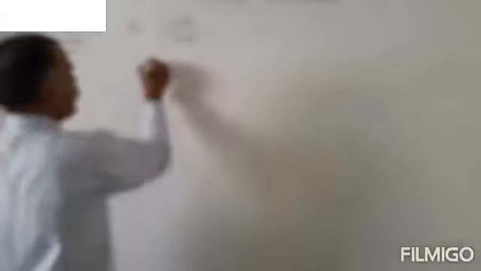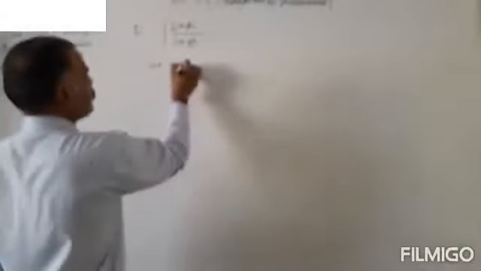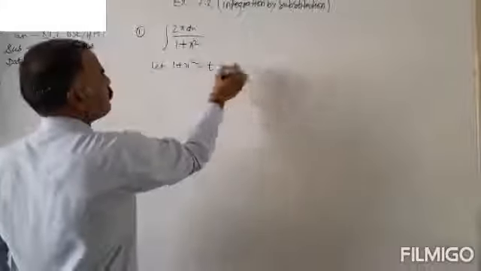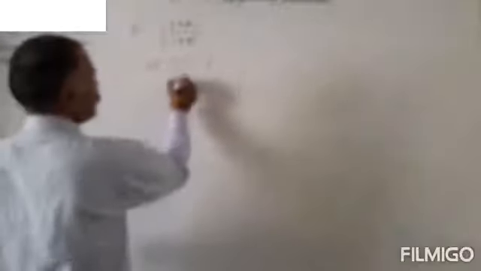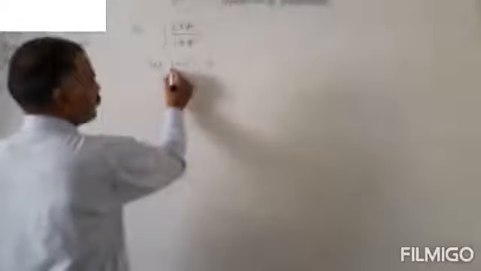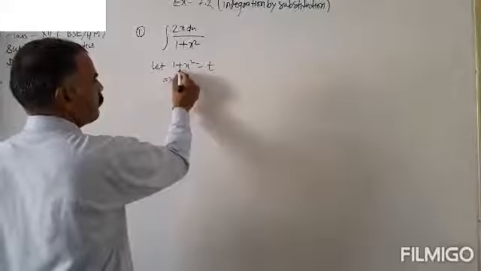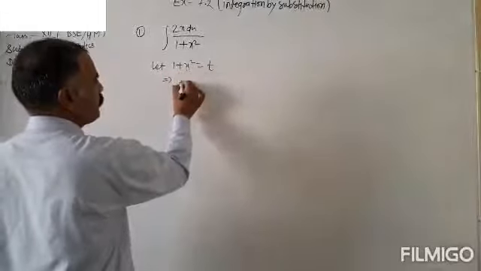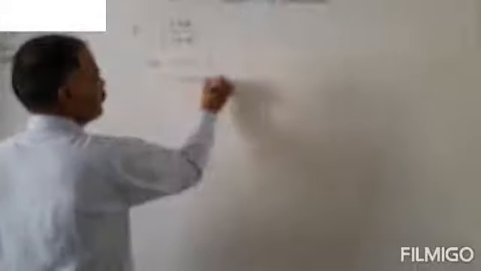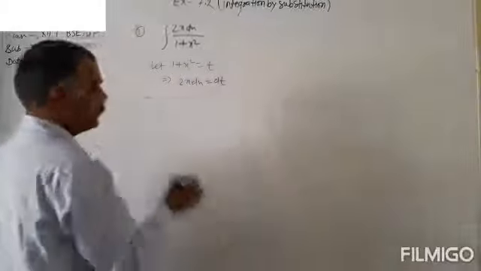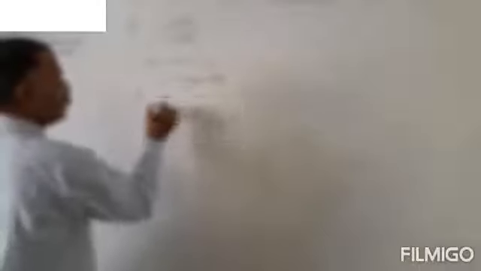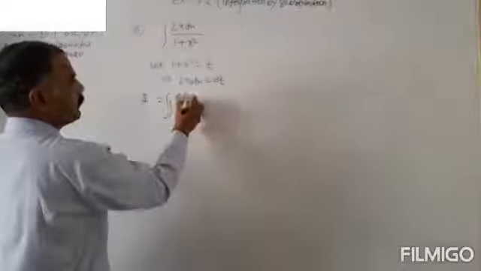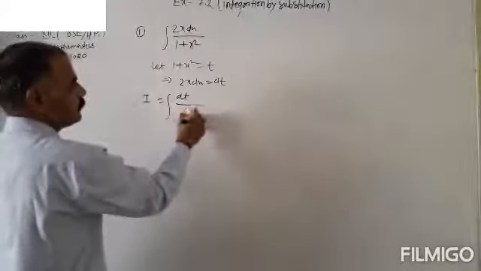Here let us substitute 1 plus x square equals t. Then we will differentiate this. Differentiation of 1 is 0 plus differentiation of x square is 2x, so 2x dx equals dt.